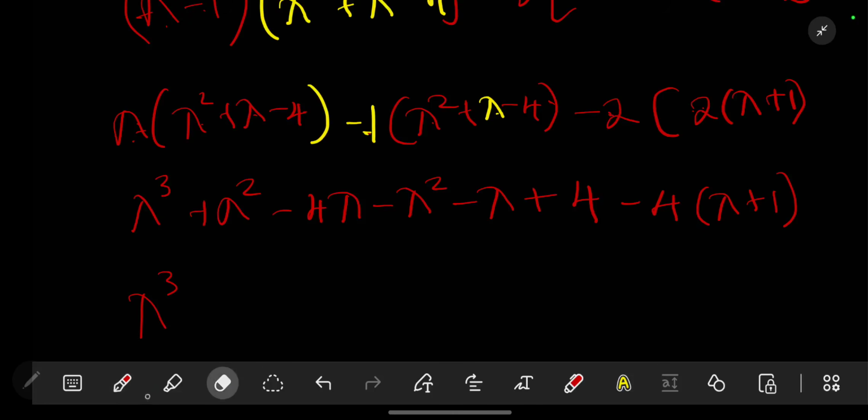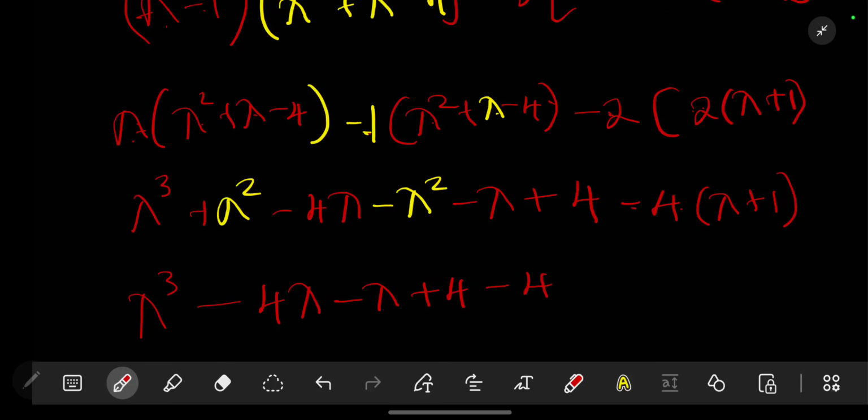As you can see here, this has the same power as this, so we forget about this. So we are going to say minus 4 lambda like that. Then we have our minus lambda plus our 4. Negative 4 by lambda will be negative 4 lambda. Negative 4 by 1 is negative 4.